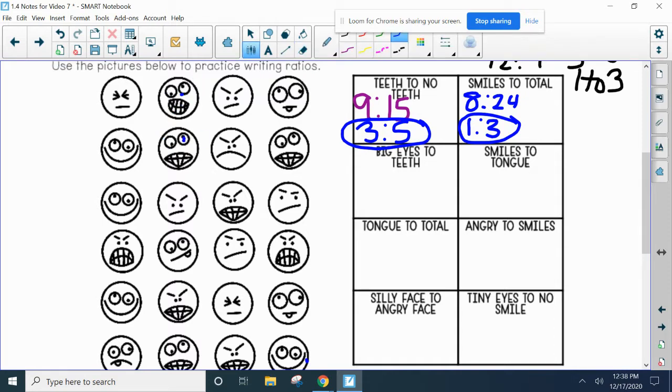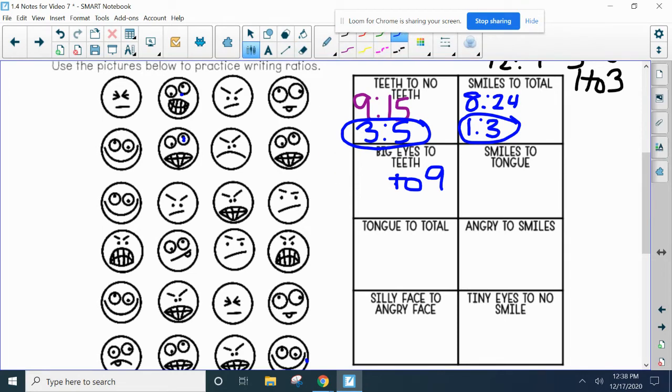All right, let's say we were doing our big eyes to teeth. Well, we have already counted our teeth, so we know the second part is going to be 9, because we already said up here there were 9 teeth.